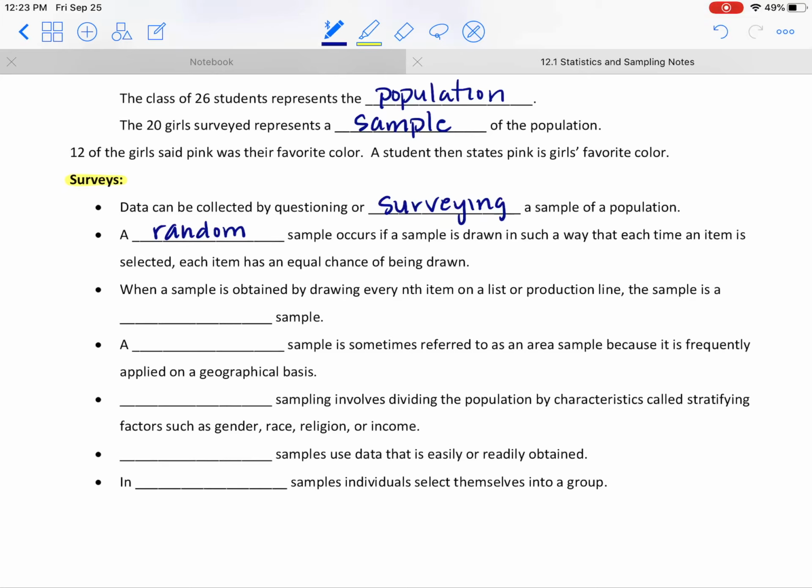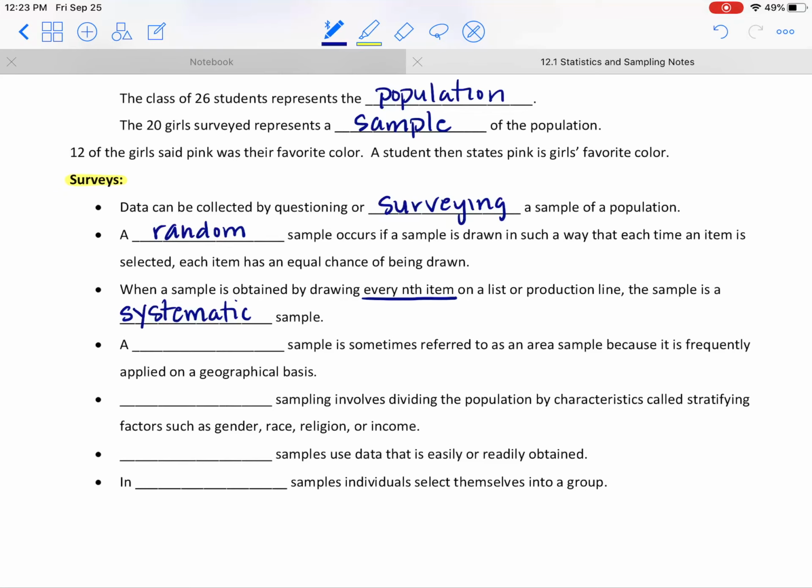Or maybe you've had to sit in one of these lines where they do checkpoints on the freeway, right? And they decide to randomly stop every fifth car on the freeway for an inspection. Kind of sucks to be in that line, but that's a systematic survey. So a systematic survey is when you are taking every nth item.